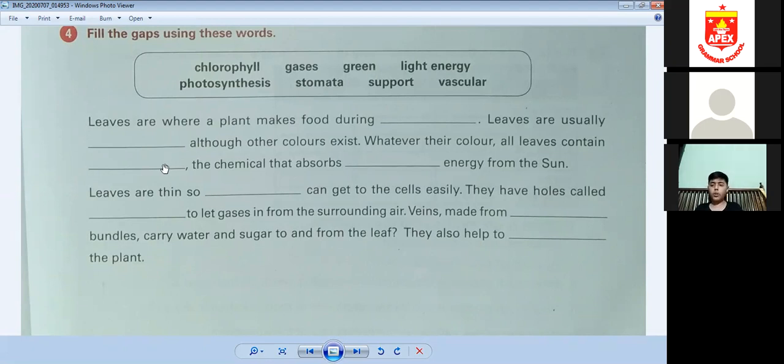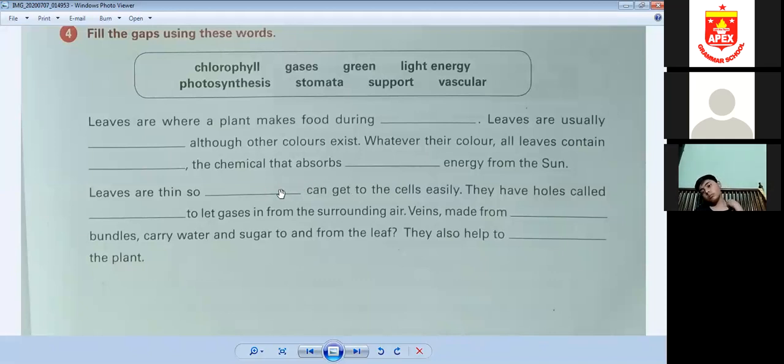Chlorophyll, the chemical that absorbs. What do they absorb? Light energy. Leaves are thin, so gases can get to the cells easily.